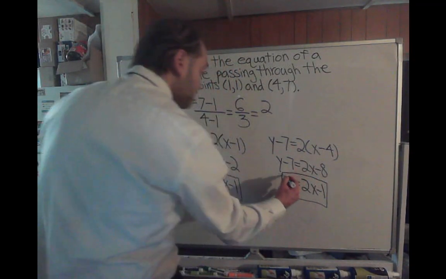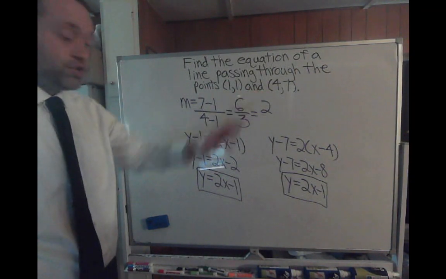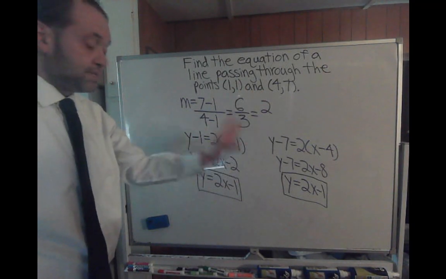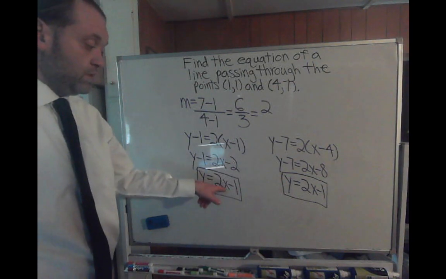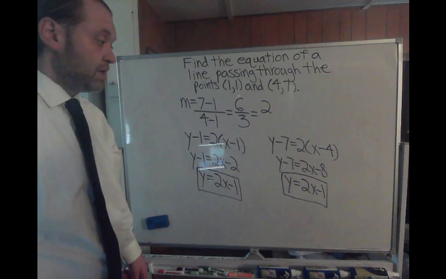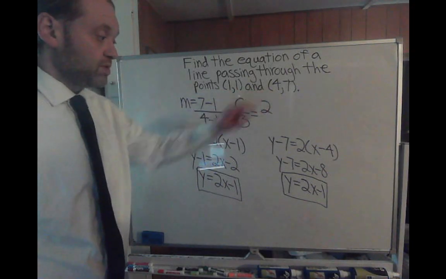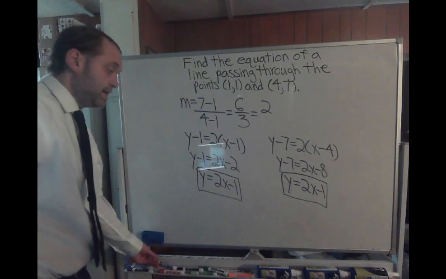So this proves what I'm saying, that once you know the slope of the line that passes through 2 points, pick either point and you'll get the same result no matter which one you go with for your point slope form. So the equation of the line passing through the points (1, 1) and (4, 7) is y equals 2x minus 1. That's what you should get.